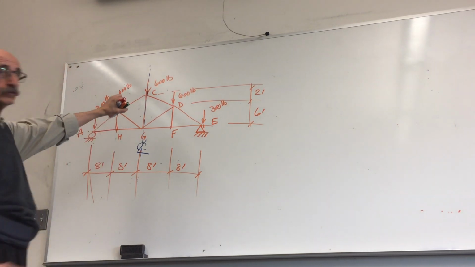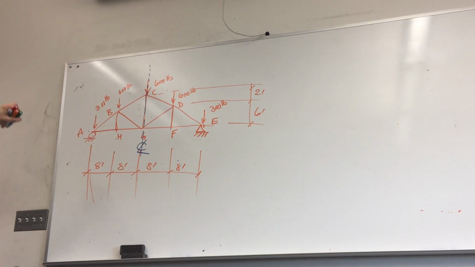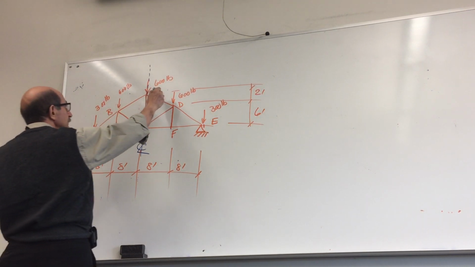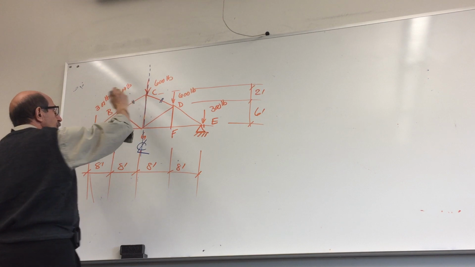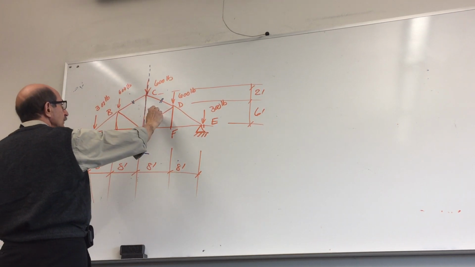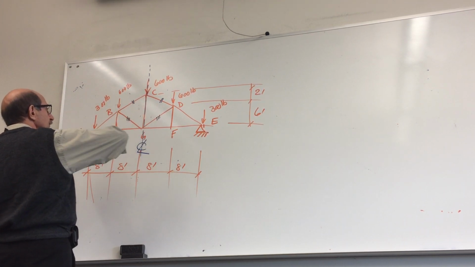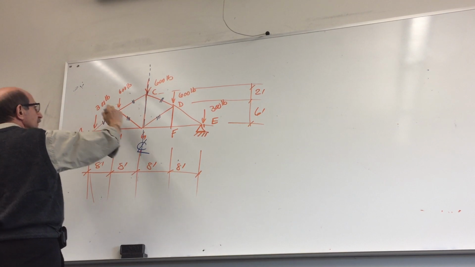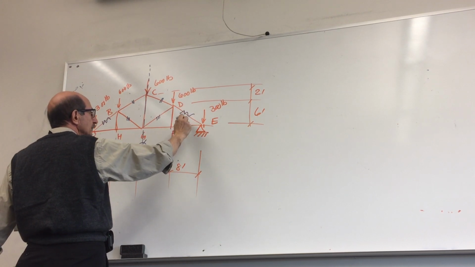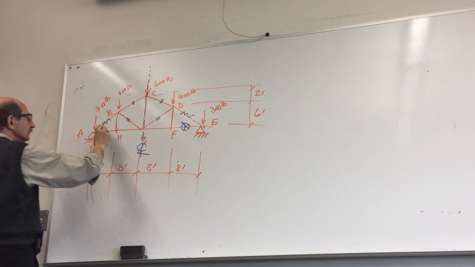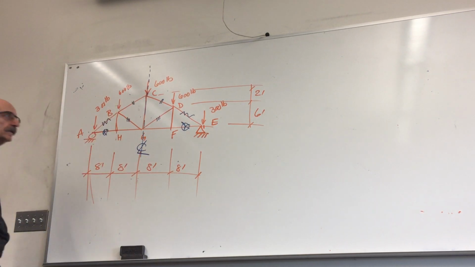So you only have to solve for half the problem, or half the number of members. What I mean is, this member has the same force as this one. This has the same force as this one, and so on. So members that are symmetric, yes?